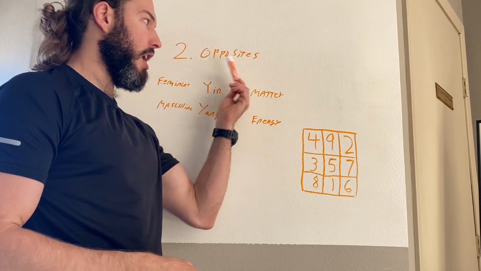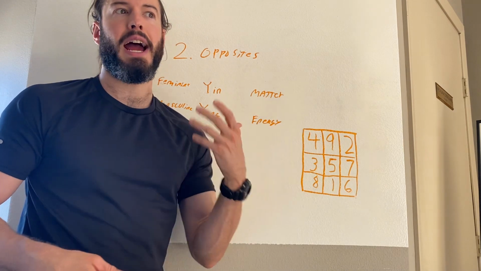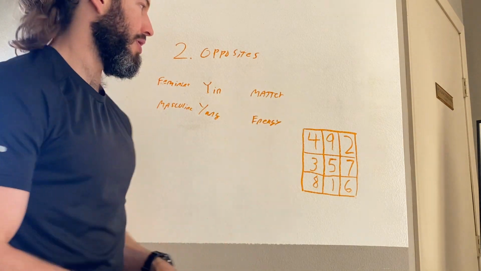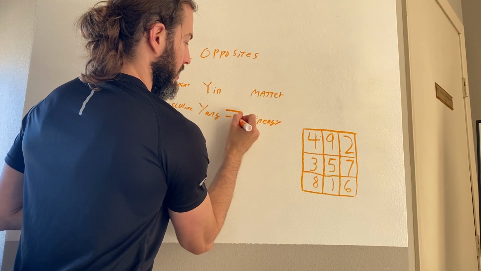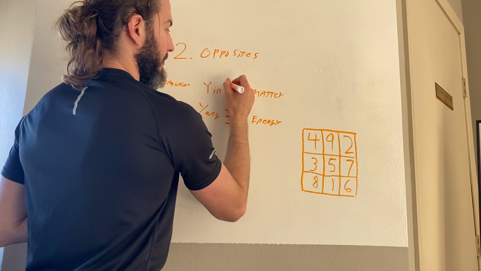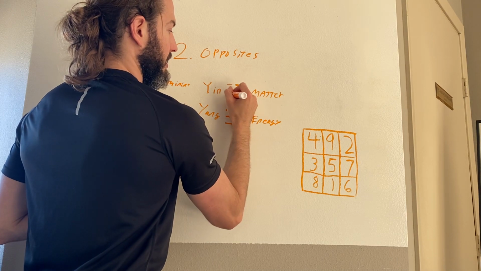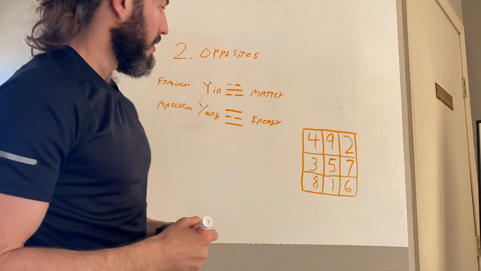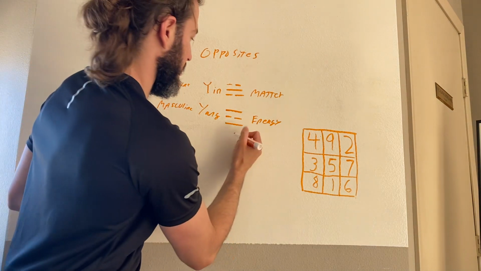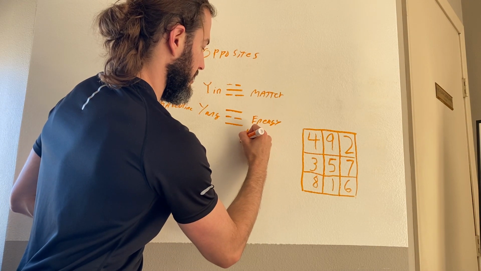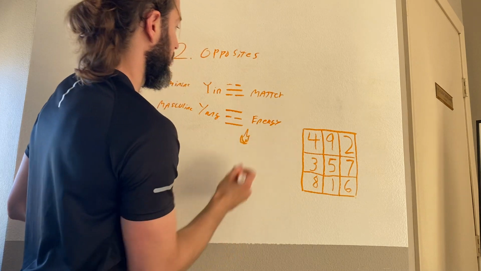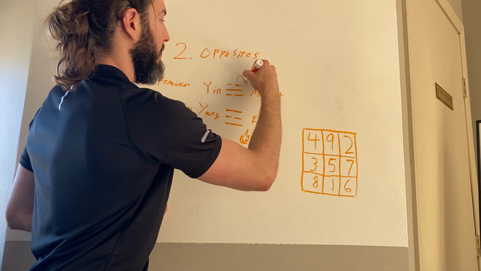So again, this is opposites. So we're going to have the masculine, we're going to have the strong. So we'll say the yang here is this image of fire. The yin is going to be this image of water. So say fire, and then we'll say just water.